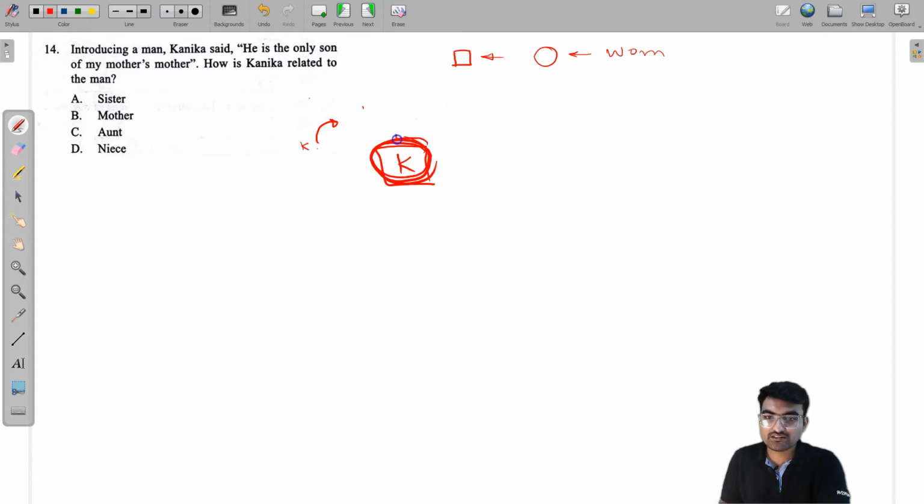So Kanika's mother, right? And Kanika's mother's mother's son, correct? So who is he? Kanika's uncle, right? So how is Kanika related to the man? He is the uncle of Kanika. That means Kanika is the niece of that man, right?